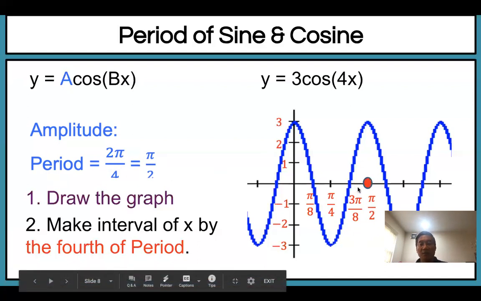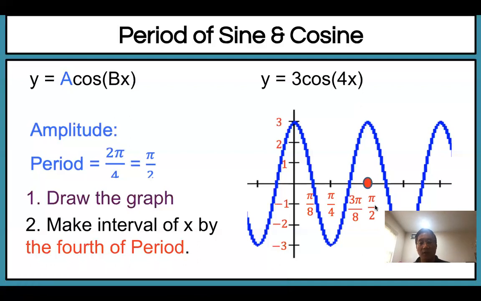Just use the formula, but you should remember the formula. 2 pi, which is 360 degrees, divided by what? The B, the 4, right? 2 pi divided by 4 will be like this. So pi over 2 you have here. And then make 4 intervals from 0 to here.